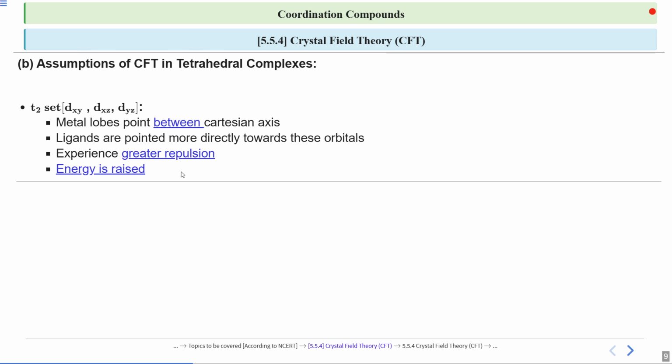So between the E set and T2 set, T2 set energy is higher and E set energy is lower. The reason is simple: in the E set the metal lobes are along the axis and the ligands are between the axes, while in the T2 set the energy is higher because metal lobes point between the Cartesian axes and ligands are in a similar direction, causing greater repulsion and raising the energy.